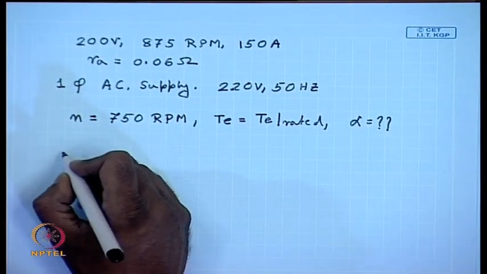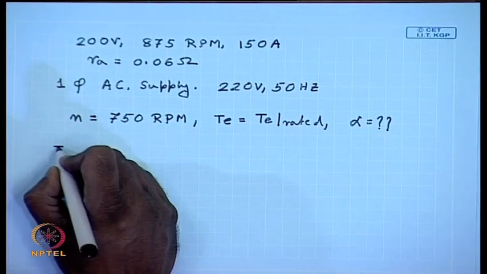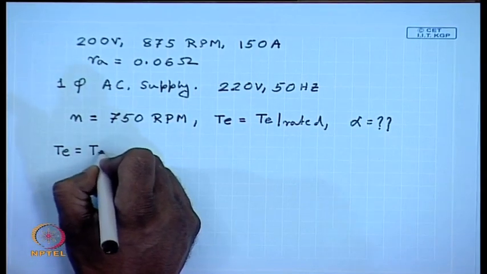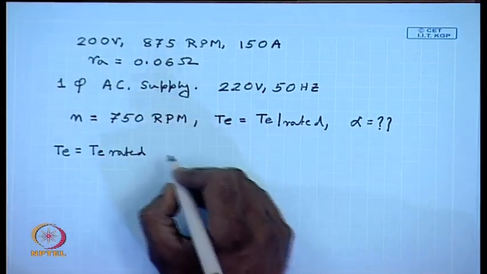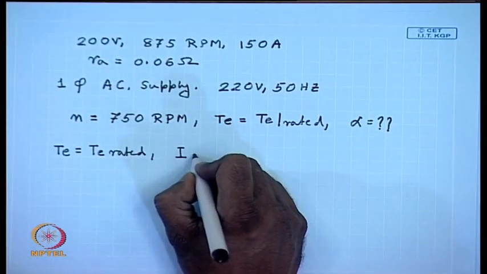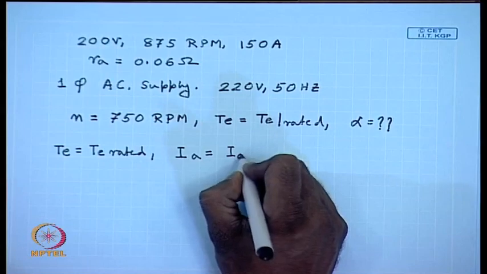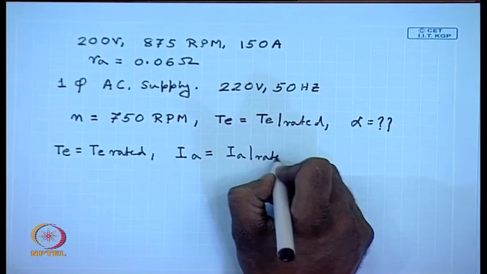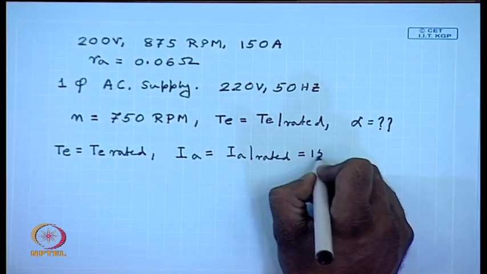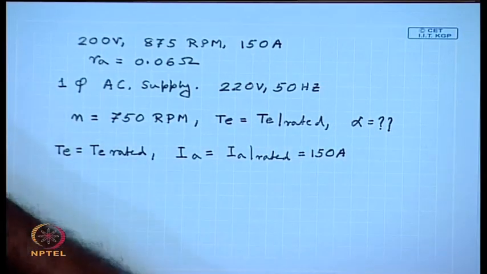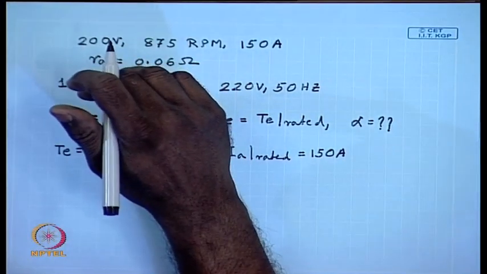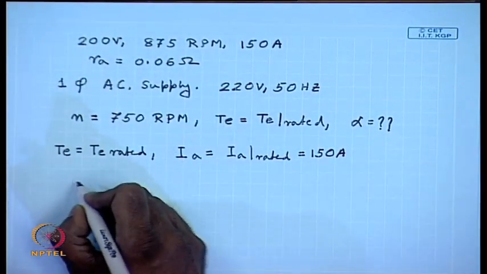So, under rated operation, when TE equal to TE rated, assuming rated flux, IA equal to IA rated equal to 150 amperes. Then what is E?